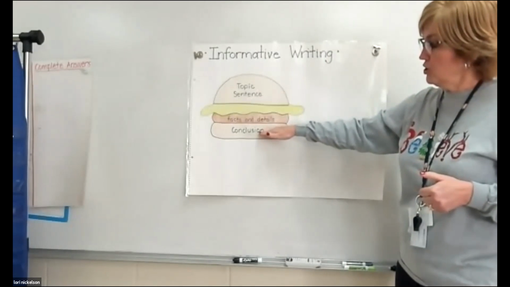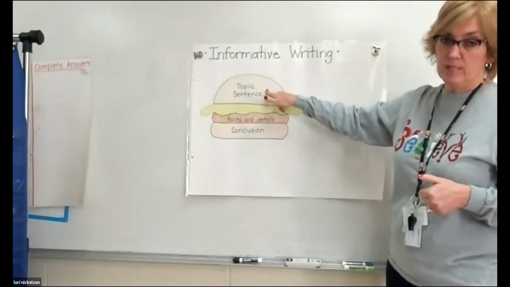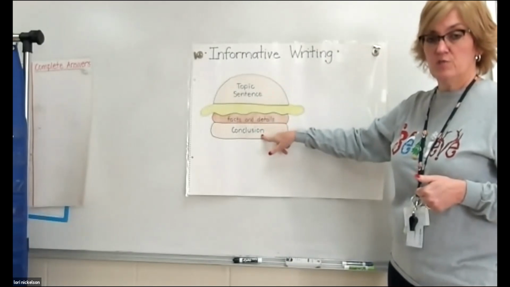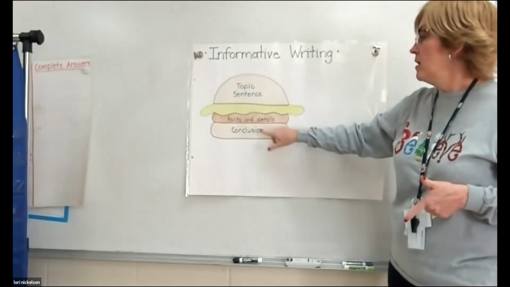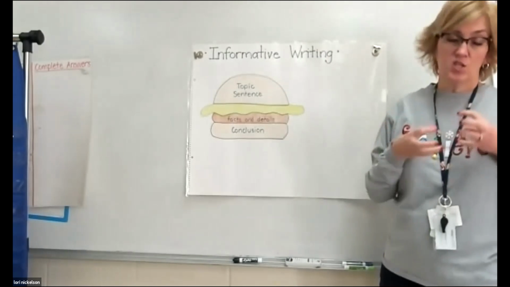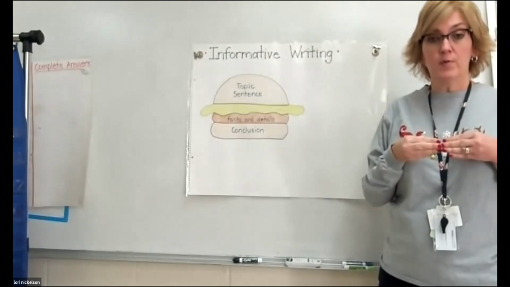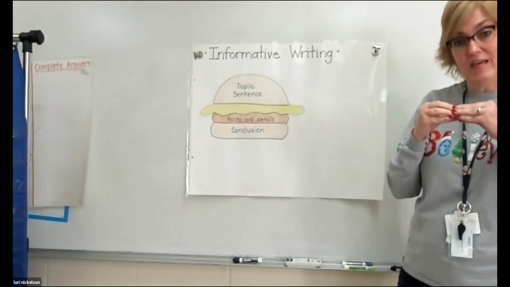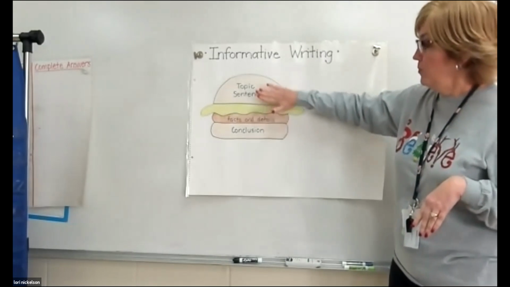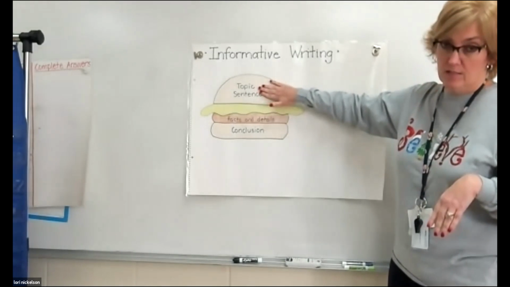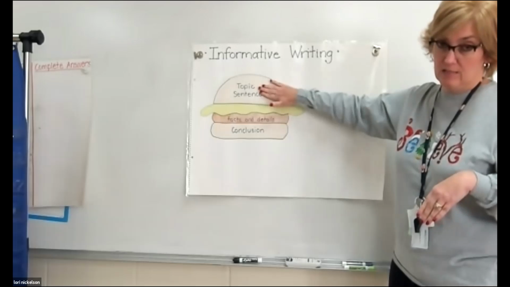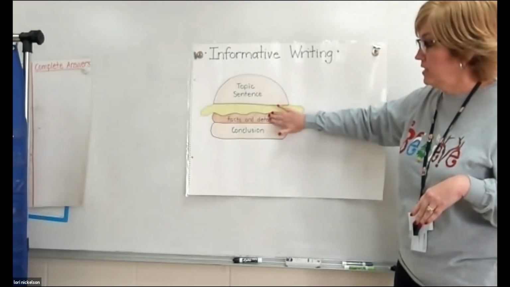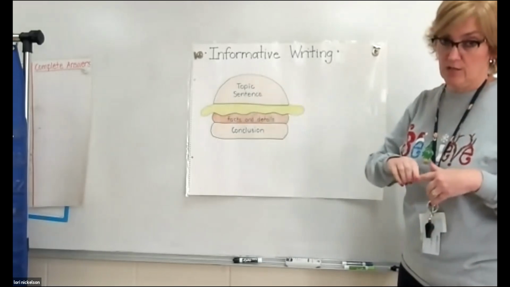Our conclusion restates that topic sentence. It's very similar, okay? It's just being restated a different way. Our facts and details, that's the good stuff with the writing. Remember, we usually have two sentences there that help us tell about the topic sentence, okay? So you have to have two details or two facts right here to tell about your subject here.